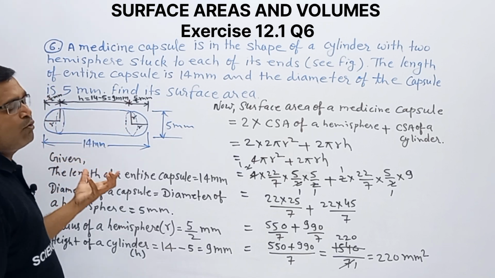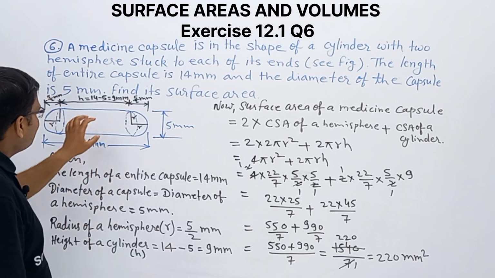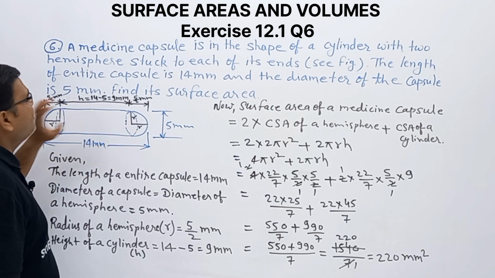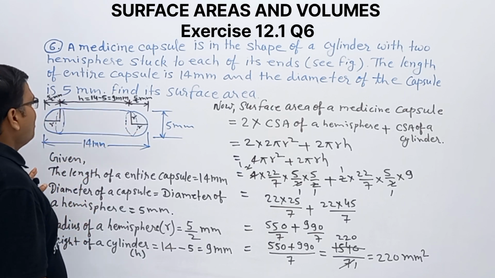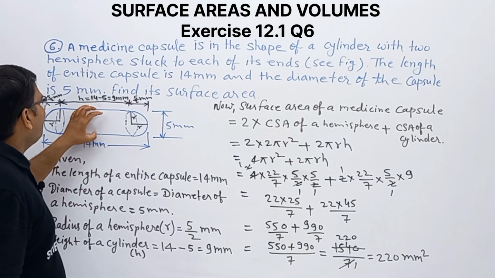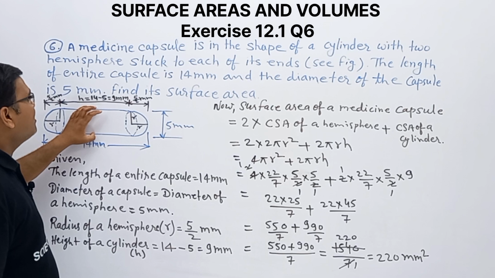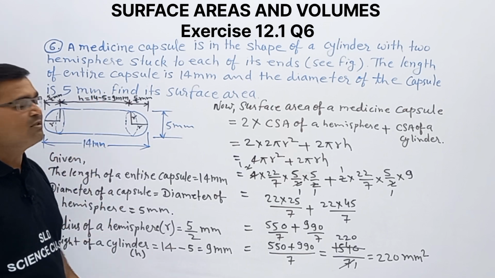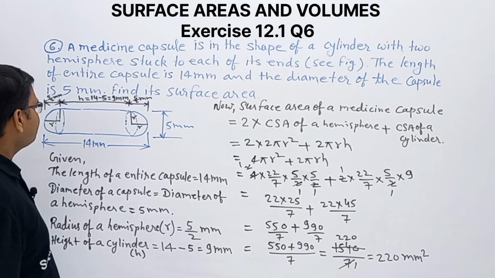So we require total surface area. So in this solid we are having two hemispheres and one cylinder. So we will add all these hemispheres and this cylinder's curved surface areas, which will be the total surface area of this capsule. Clear?